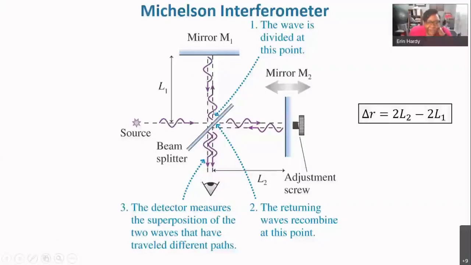So if they introduced multiple mirrors, some of which could be moved, some of which were stationary, they could really slow this light down, or cause it to spend a lot of time bouncing back and forth inside of the interferometer before it's added together and then observed by whoever has their eye to the eyepiece.